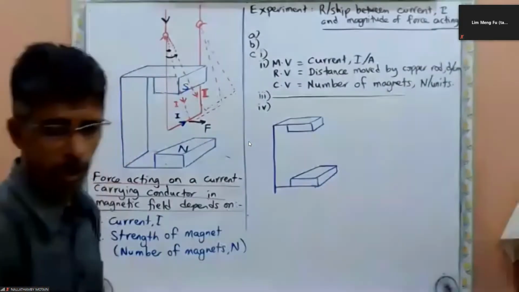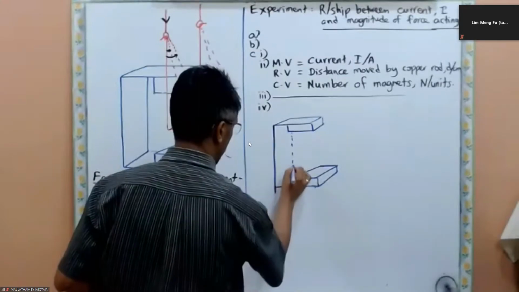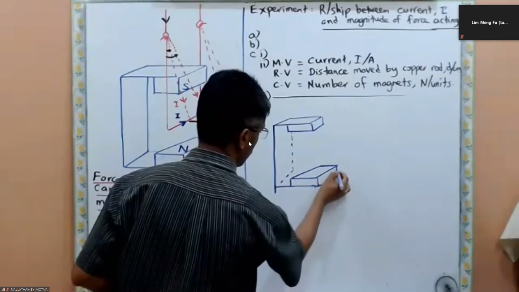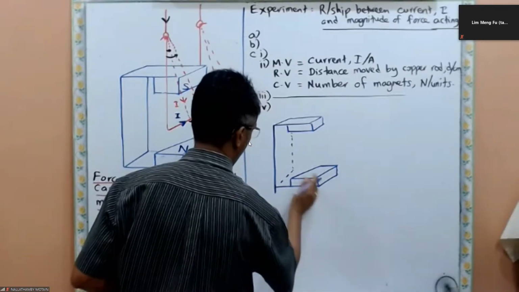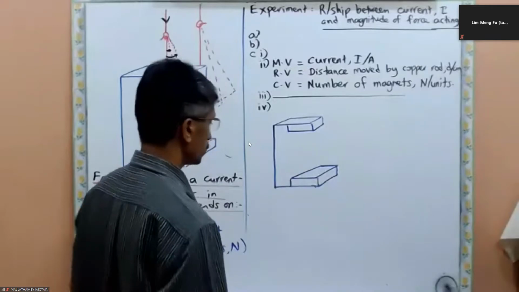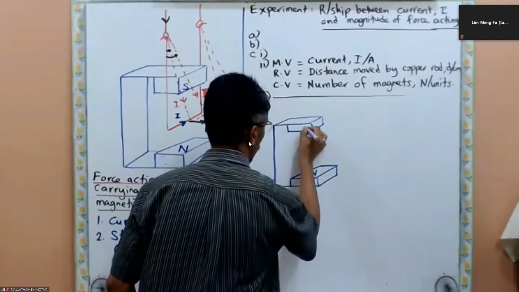C-shape iron rod. But this one I don't want to add, it is disturbing, so I remove this line. Let's say here is North Pole, over here is South Pole.